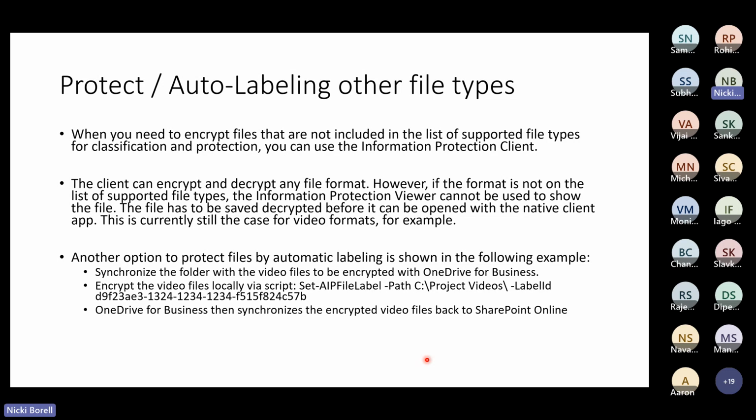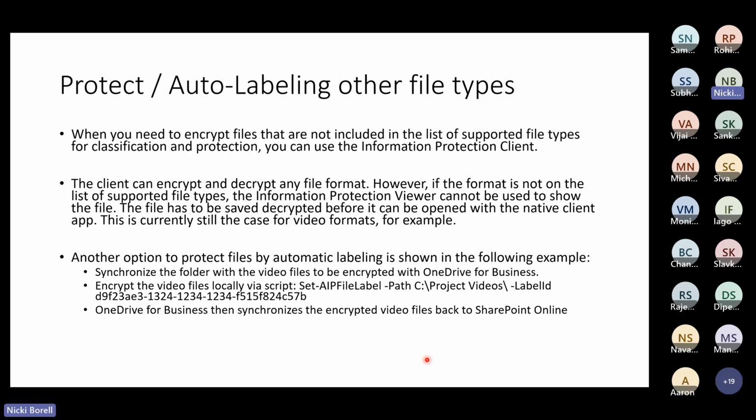This client is also able to protect any file type we have, but the limitation is that the information protection viewer isn't able to open any file type. Which means if you use the information protection client or even PowerShell to protect the unsupported file type, then you first need to unprotect it before you can open it with a native client application.